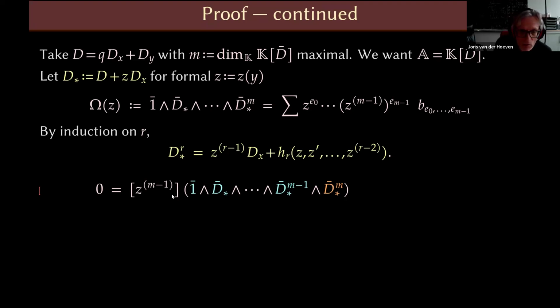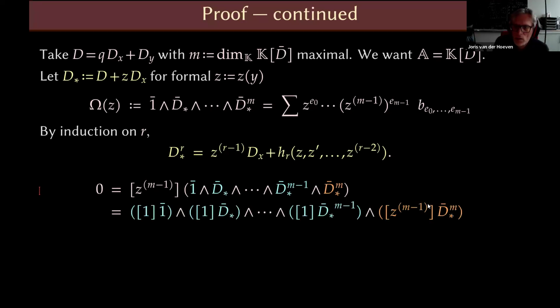So if we want to look at the coefficient of this product, it's basically taking this coefficient in the last term that we have here, and we only have the monomials 1, so that is the part that does not depend basically on z at all in the other terms. So if we write that down, we get an expression like here.